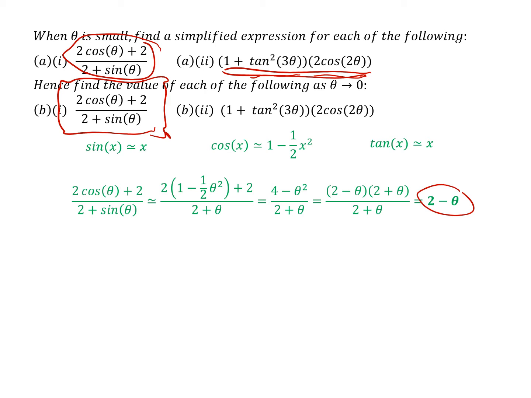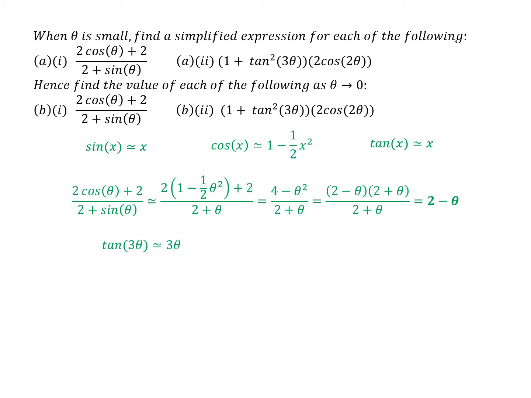Well, if tan x is x, then tan 3 theta is 3 theta. And if cos x is 1 minus a half x squared, then cos 2 theta is 1 minus a half times 2 theta all squared. So that simplifies to 1 minus 2 theta squared.